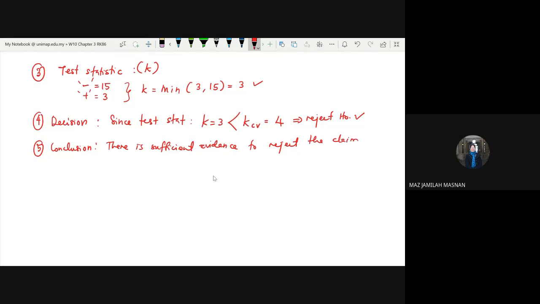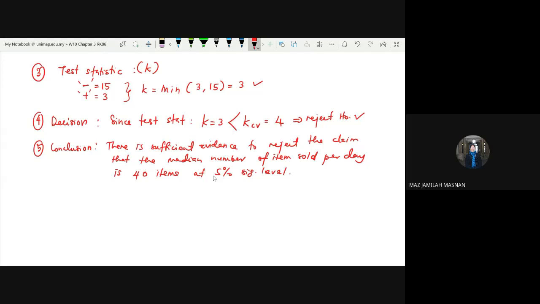What claim? The reject claim that the median number of items sold per day is 40 items, at 5% significant level, if you wish to include the significant level.